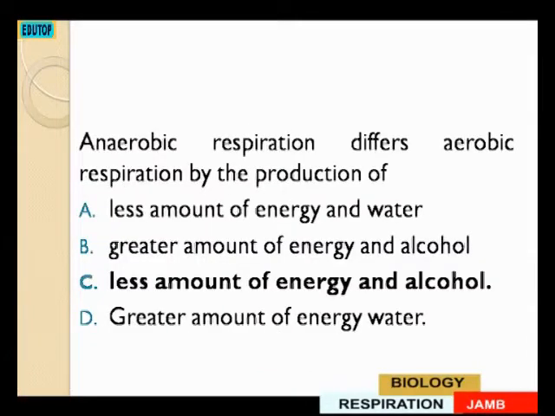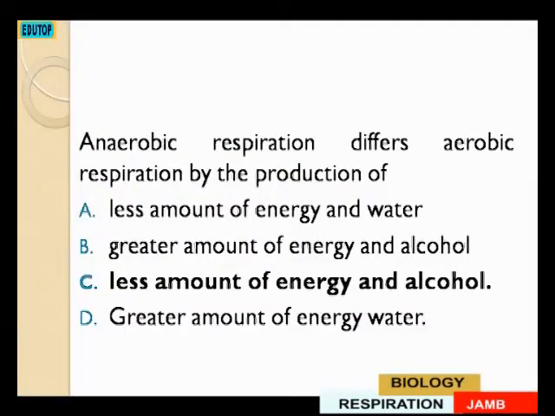Anaerobic respiration differs from aerobic respiration by the production of what? A. less amounts of energy and water, B. greater amounts of energy and alcohol, C. less amounts of energy and alcohol, D. greater amounts of energy and water.